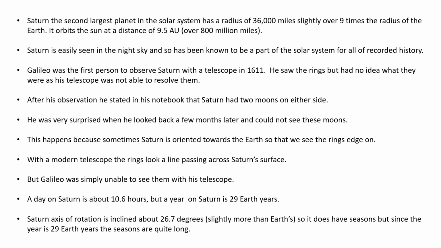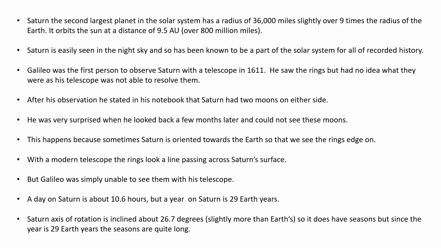Saturn, the second largest planet in the solar system, has a radius of 36,000 miles, slightly over 9 times the radius of the Earth. It orbits the Sun at a distance of 9.5 astronomical units. Now, you might have forgotten, but when we talked about Jupiter, we said Jupiter is about 5 astronomical units from the Sun.